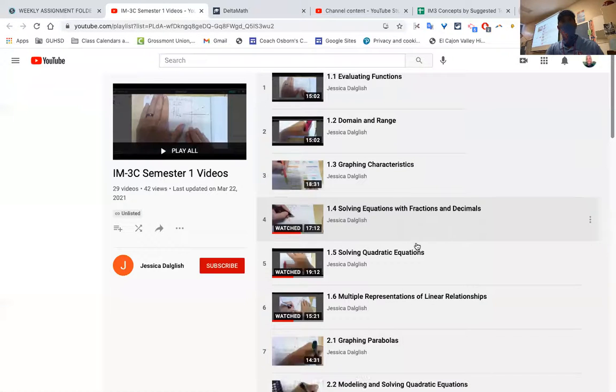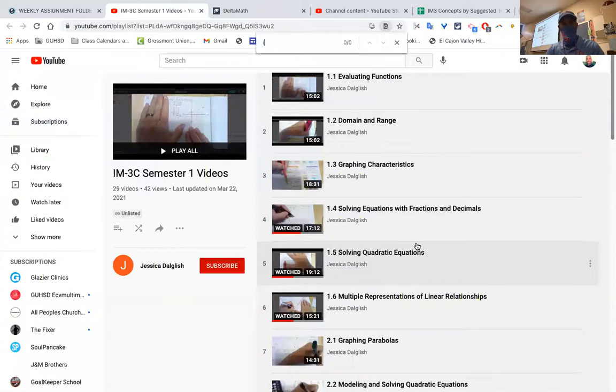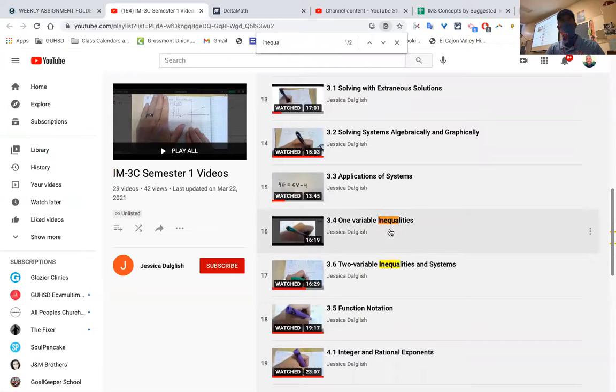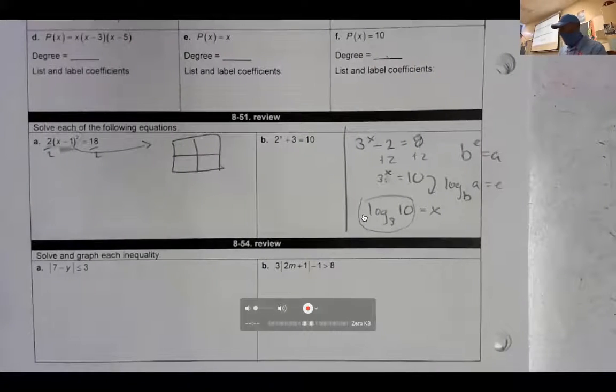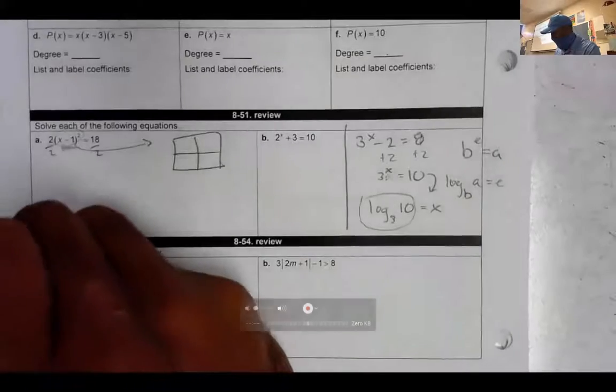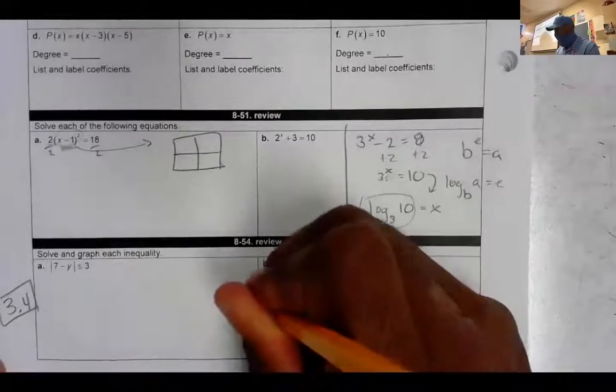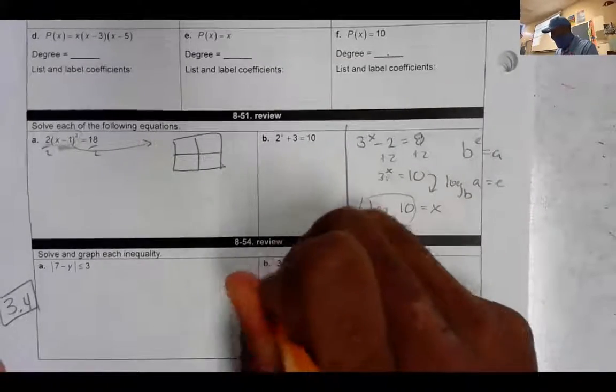So if I go to her channel, that's an inequality. Those are 1 variable inequalities. So that would be section 3.4. Okay, so 3.4 in your notes would be a good place to look for examples like that.